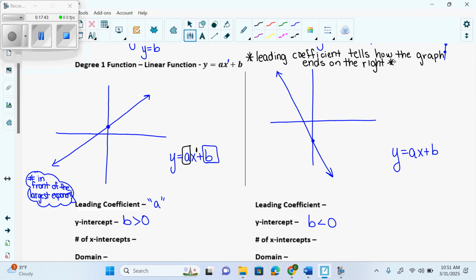Tells how it ends on the right. That's what the leading coefficient tells us.